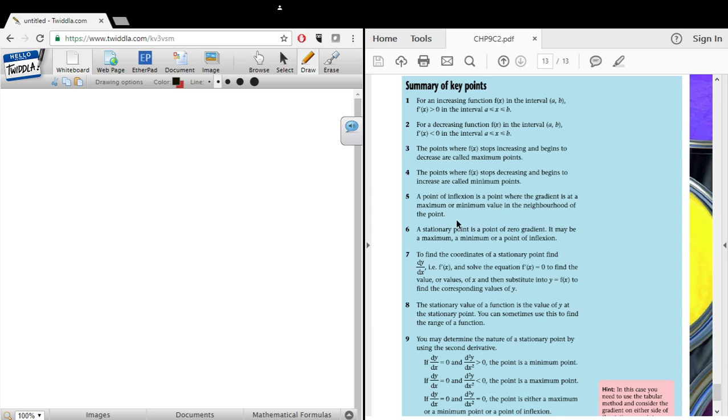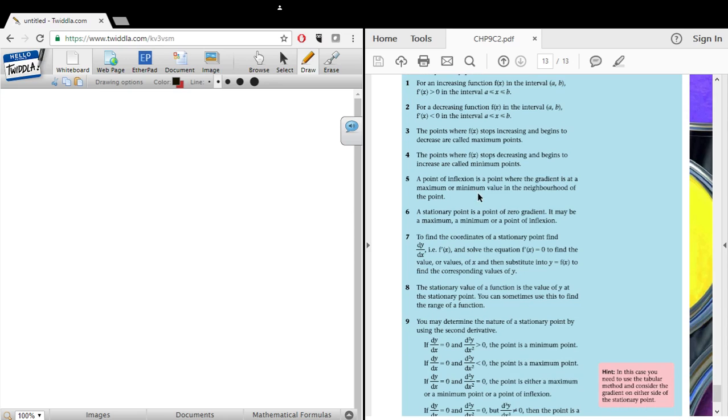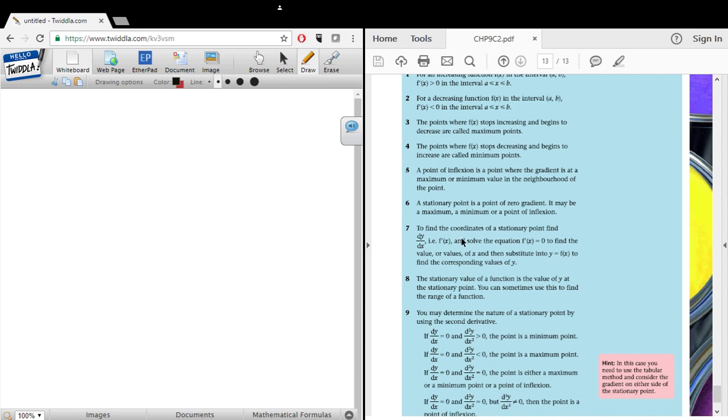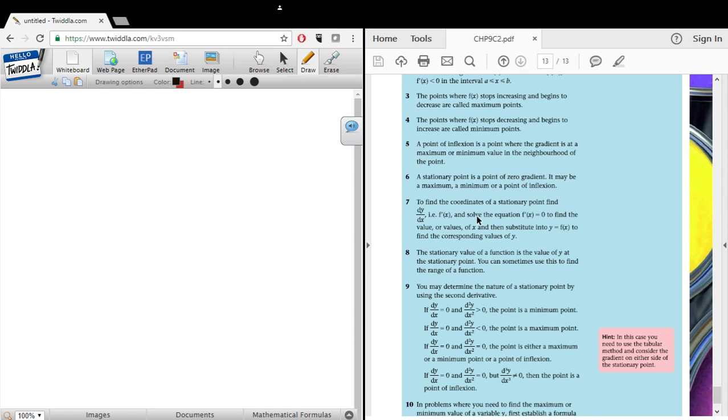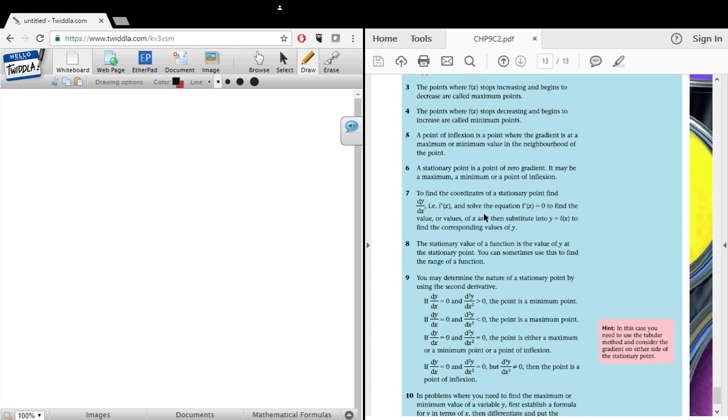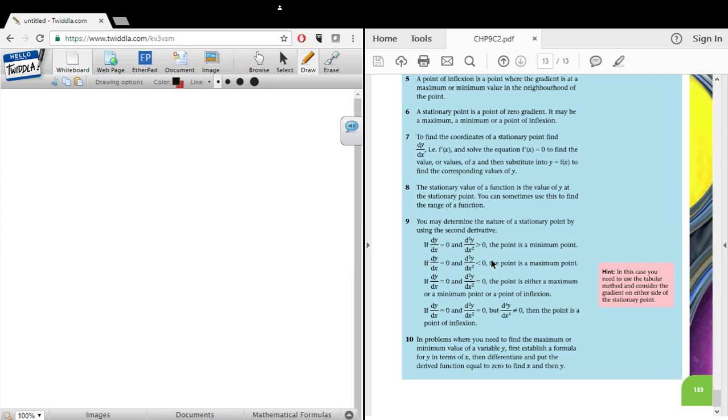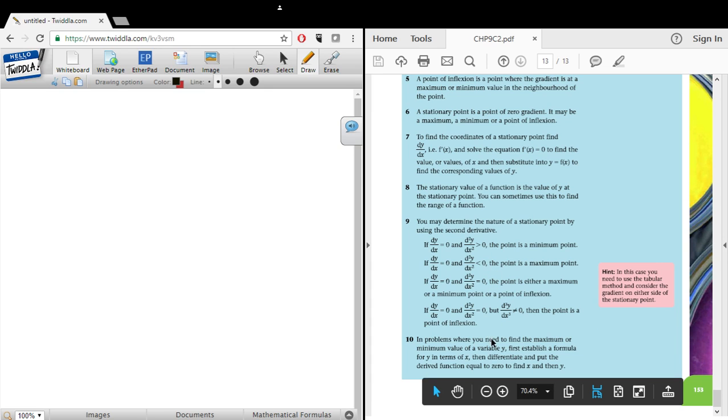Discussing what stationary points are, what it means to have a point of inflection, also how to utilize both methods: taking values before and after the x coordinate, or alternatively differentiating twice to give us the value of d squared y over dx squared. And then you have this written out neatly and some more information.